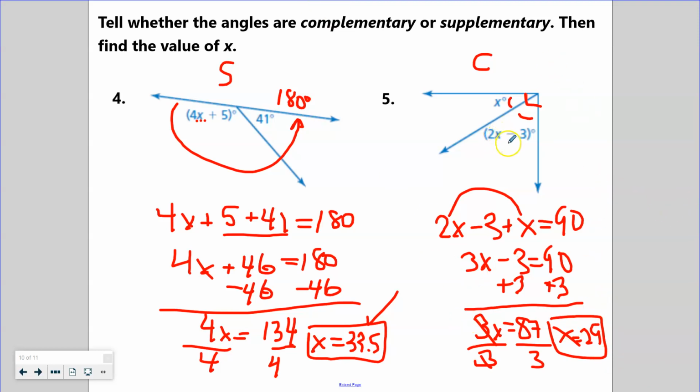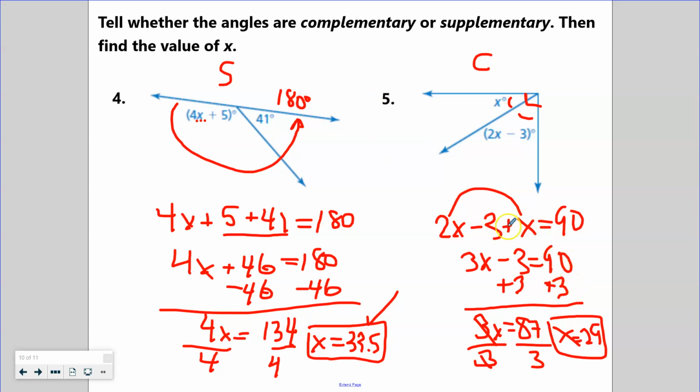So 2 times 29 would be what? 29 times 2 is 58, minus 3 equals 55. 55 plus 29, well, that equals 84. All right, so something happened there. I think something went wrong.